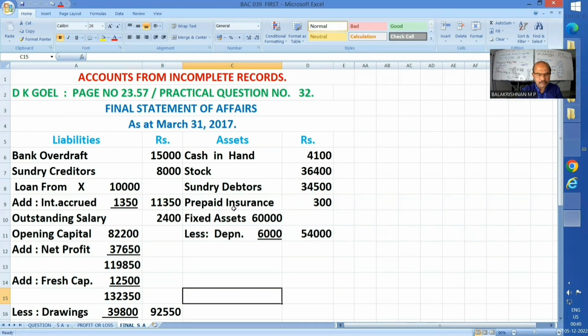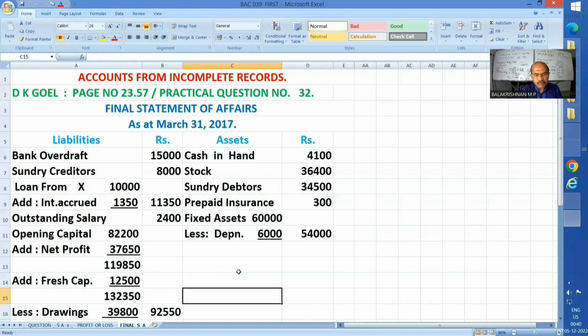So, as I say, cash, stock, sundry debtors, unchanged figures. Well, you keep it in mind, when you prepare this final statement of affairs, you have to base it on step number 2 and step number 3. Step number 2 is what? Closing statement of affairs. Step number 3 is what?